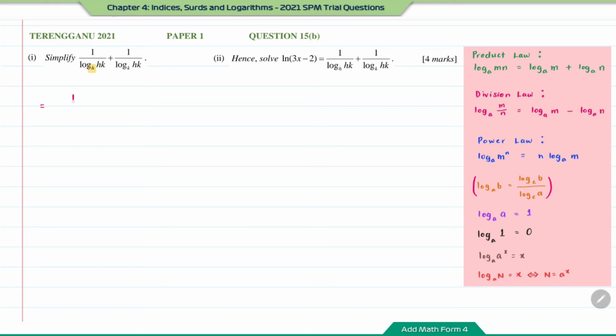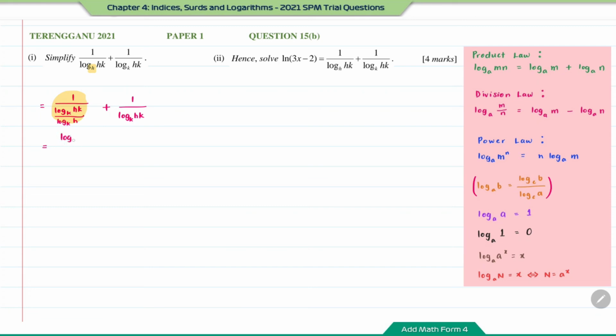So it's going to be 1 over log base k of hk over log base k of h. Now, this is the same as 1 divided by log base k of hk over log base k of h.